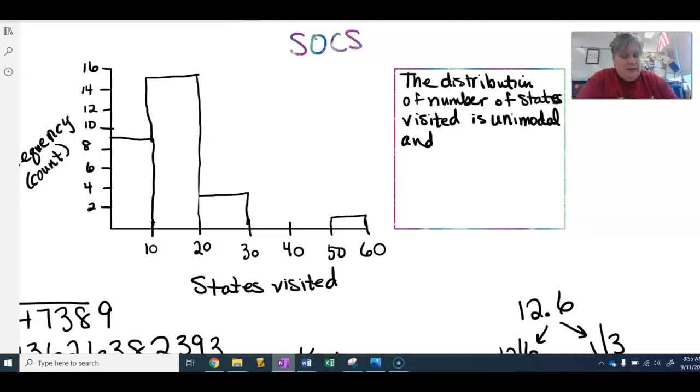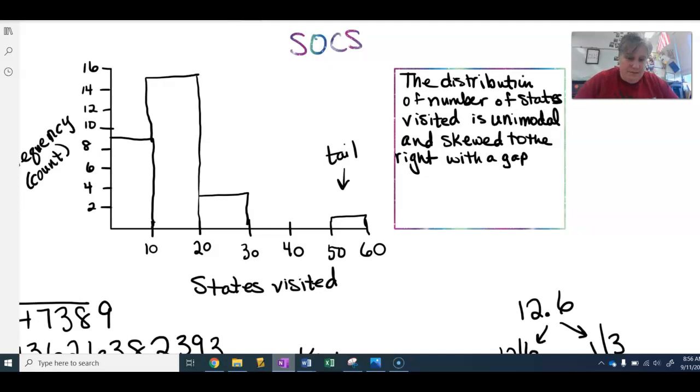I have one hump here, is unimodal. And I would say this is skewed to the right. This is a tail. This makes it a tail, right? Because it's out here and skewed to the right with a gap, because now I'm talking about my outliers and gaps, with a gap between 30 and 50.